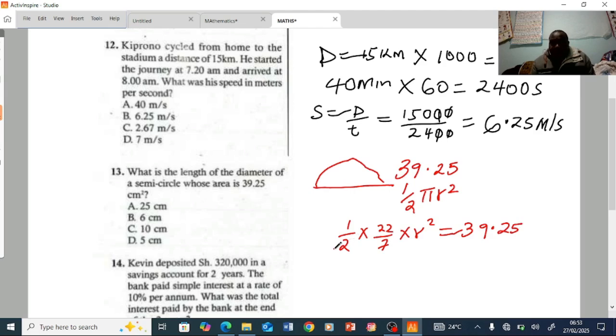So we can simplify here and simplify 11. So we will have 11/7 r square is equal to 39.25.